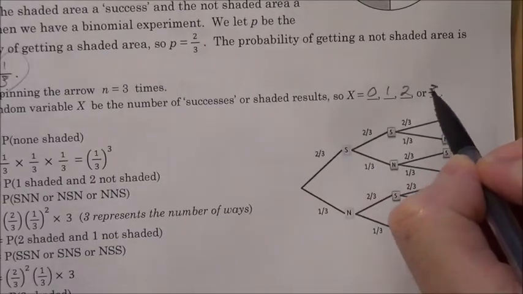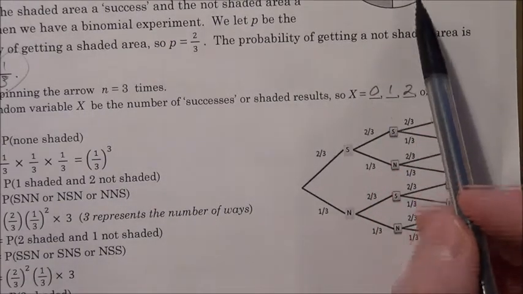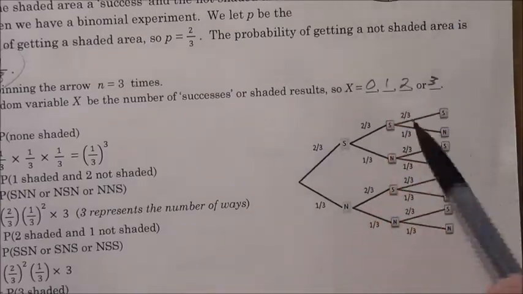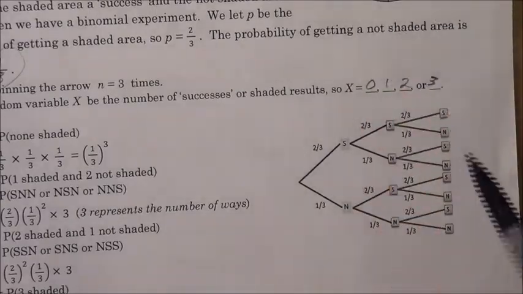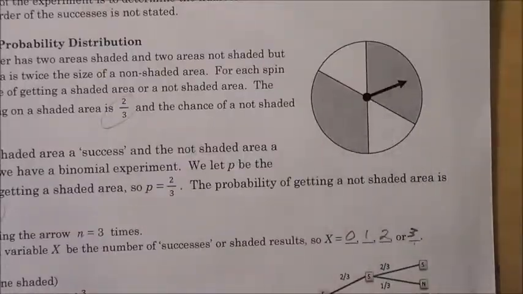So if we're spinning it 3 times, the arrow could land on the shaded section 0 times, which is fairly unlikely. It could land on it once out of those 3 spins, it could land on it twice in those 3 spins, or 3 times in the shaded section of those 3 spins.